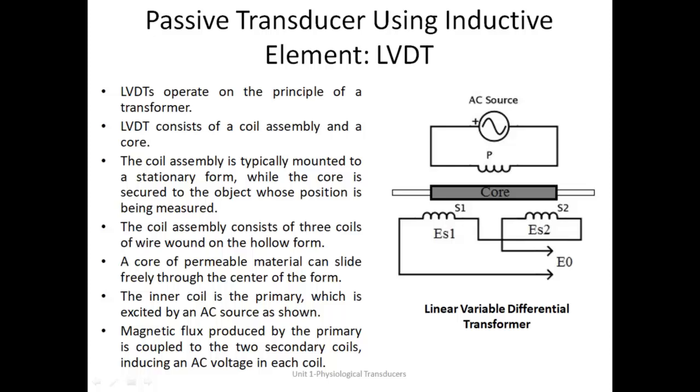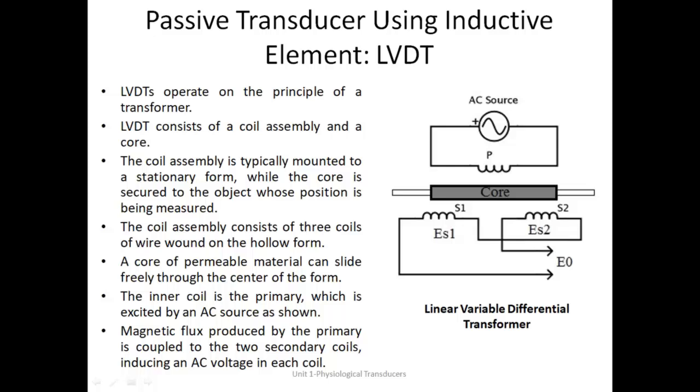That means if equal voltage is developed in S1 and S2, the output that your voltmeter will measure will be 0. This is the basic connection of the LVDT. Why we are doing this, we'll come to that also. There's a reason why we are connecting it like that.